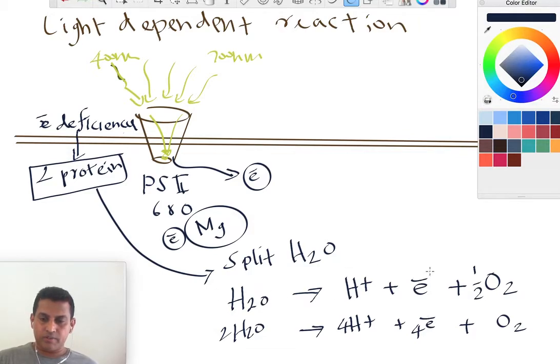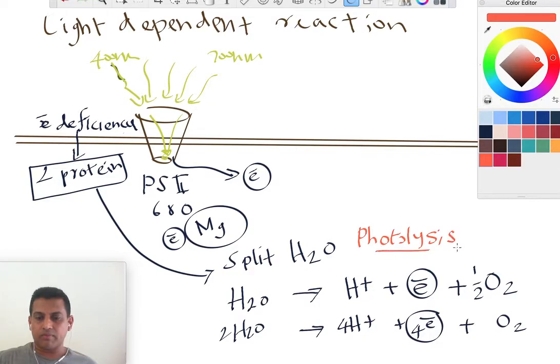A water molecule breaks into electrons, half of an oxygen and hydrogen, or two water molecules can make four hydrogen ions, four electrons and one oxygen molecule. This is called photolysis. So we generate hydrogen, electrons and oxygen.